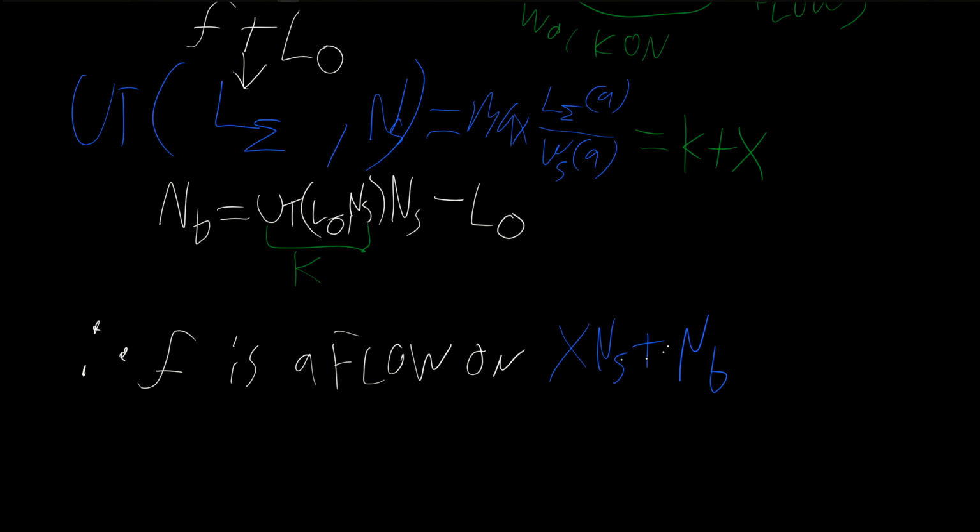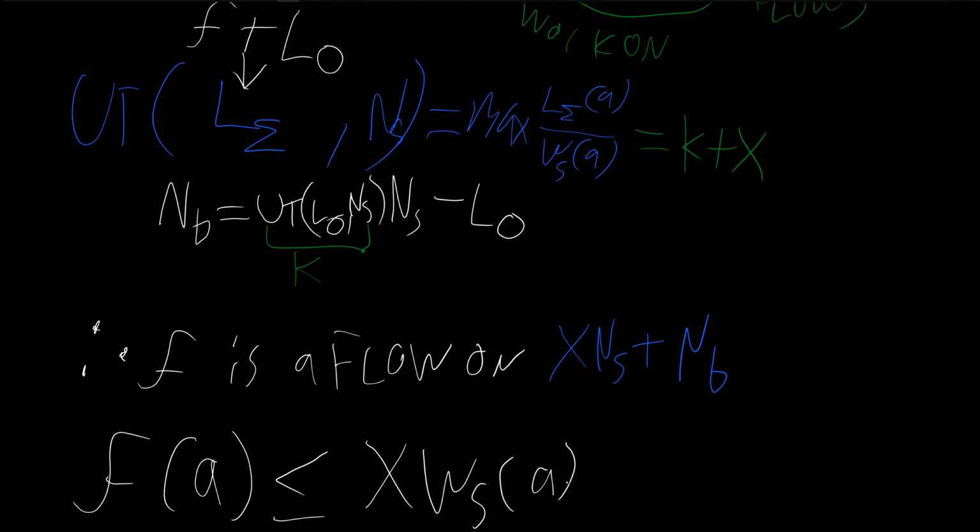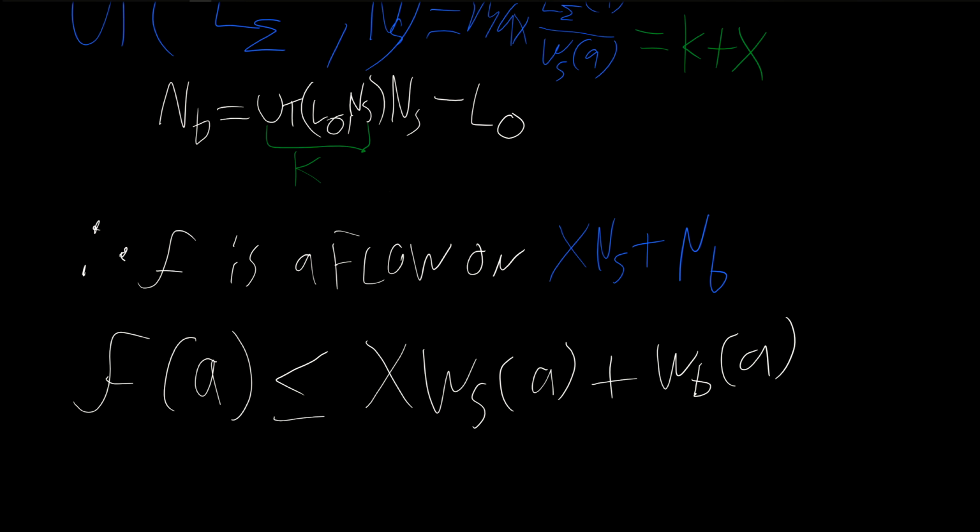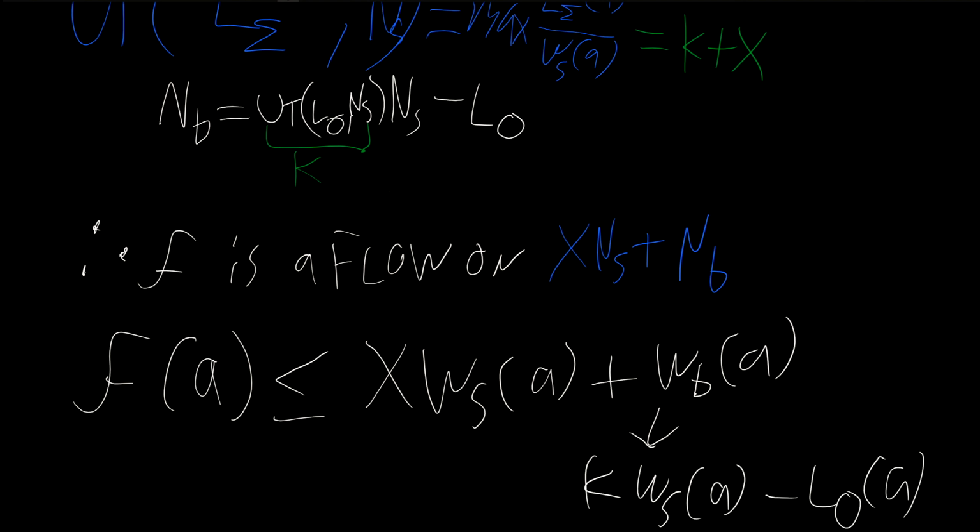So since it's a flow on that, we can say F of A is less than or equal to X WS of A plus WB of A. Now remember what NB is. This becomes K times WS of A minus L obstruction at A. And that's by this definition up here.